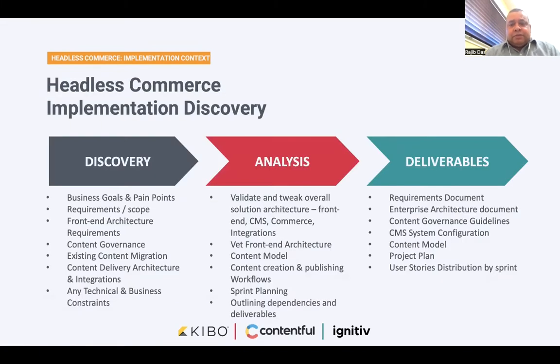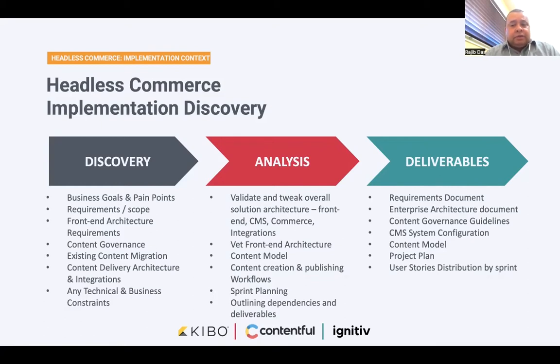So the discovery process is where all requirements are finalized, high-level architecture outlined, and any governance aspects worked out. Given the nature of the project, we break it down into a clear understanding of the pain points we're addressing, outlining the front-end architecture, content governance, content model, and approaches and constraints around interface APIs for both content and commerce systems.